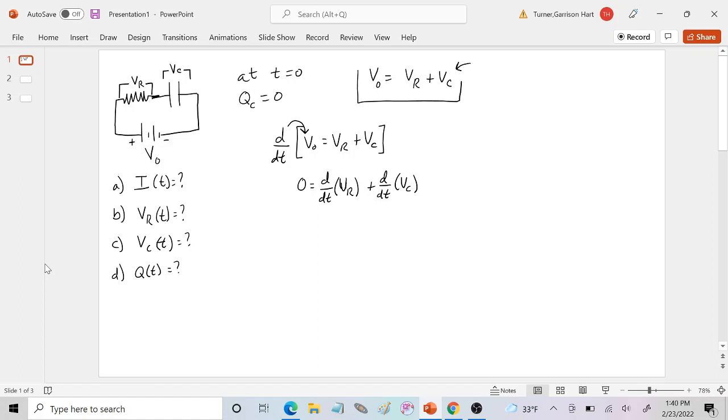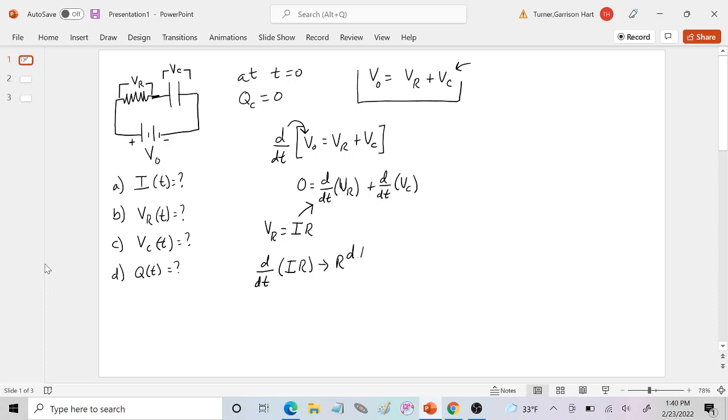Okay? But remember that VR is equal to IR, so this term is the same thing as taking the time derivative of IR, which is, R is constant, so you don't need to take the derivative of that.